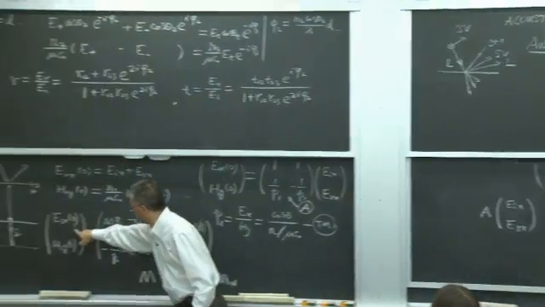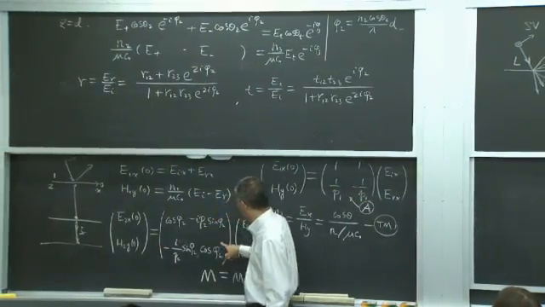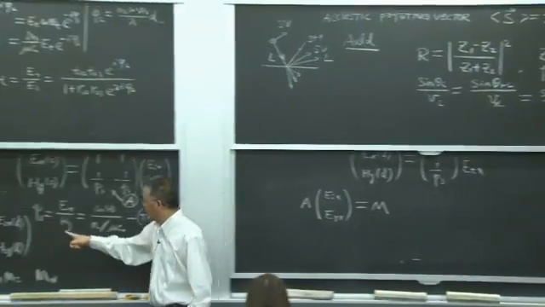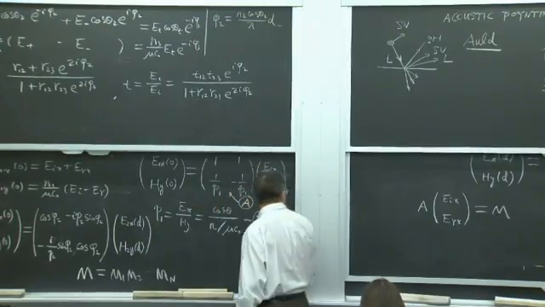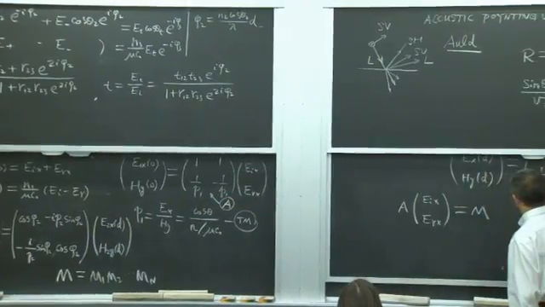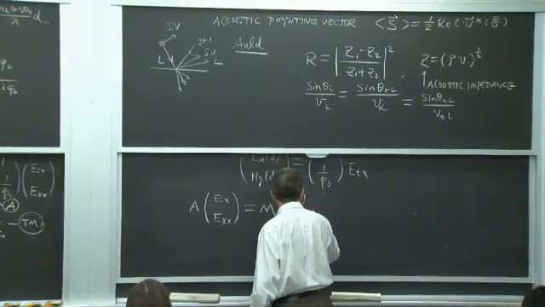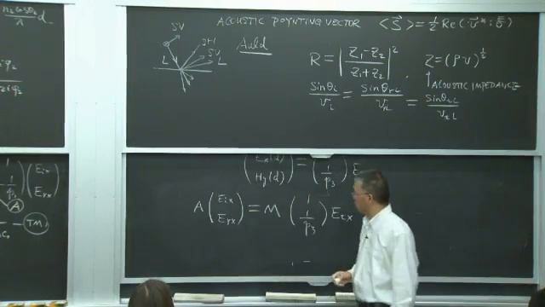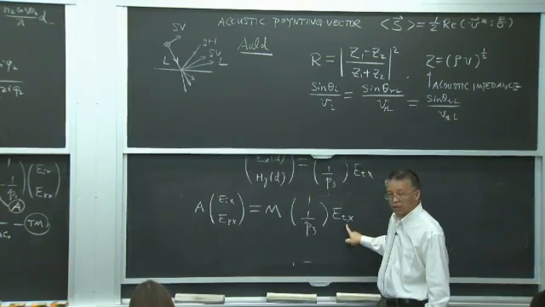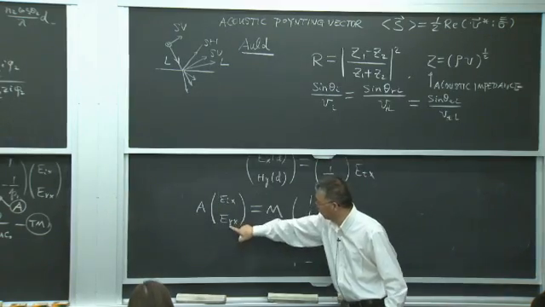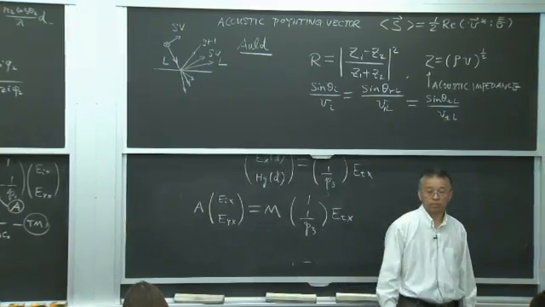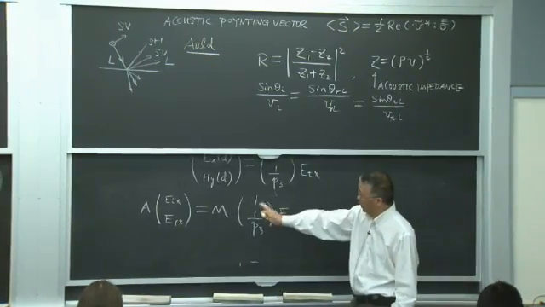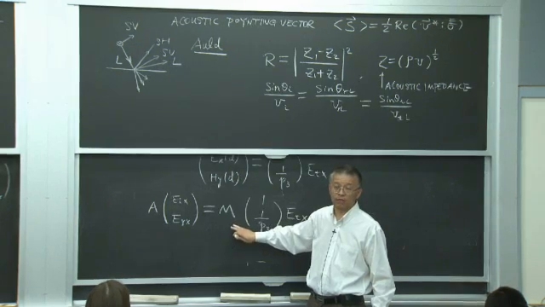This equals this, that equals this. So equals M times this one, that's the other interface, that equals this. So 1 P3 and ETX. So with this, I can relate the transmitted to incident, reflected to incident. So no matter how many layers, I just add the multiplication of this matrix.